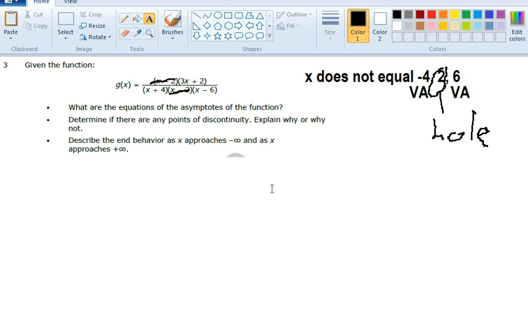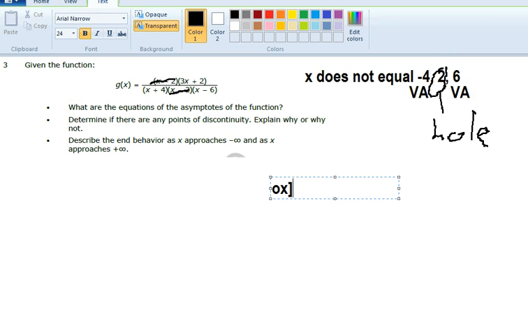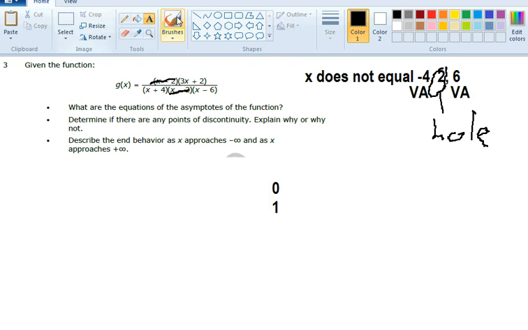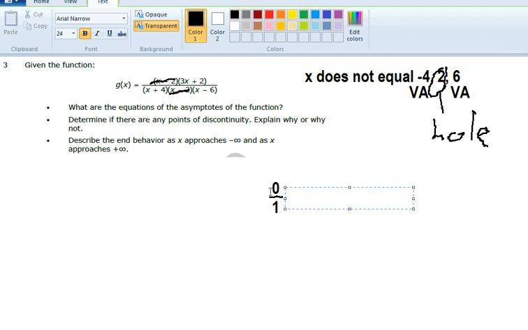So we'd have a 0x squared on top in the numerator divided by a 1x squared in the denominator. 0 divided by 1 is equal to 0.